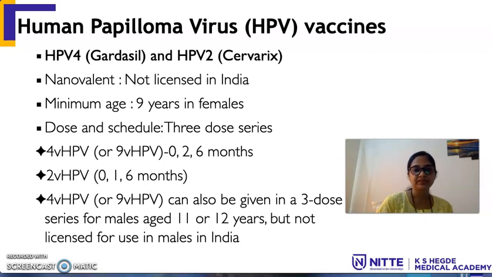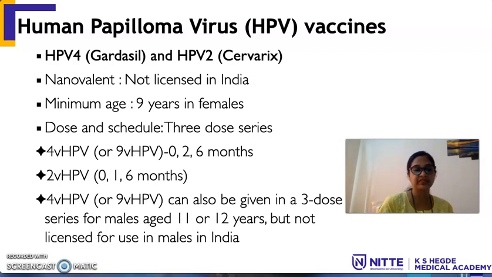Human papillomavirus vaccines are given in order to prevent cervical cancer in children in future. There are different strains available in the market. I have put the company names there because these are the only 2 available as of now.